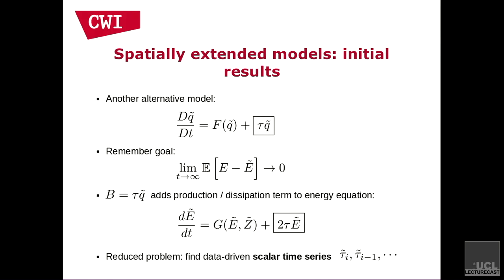So the effect of adding this to the vorticity equation is that it adds either a production or dissipation term in the energy equation. If this tau is negative, then it tends to destroy energy. If it's larger than 0, it creates energy.